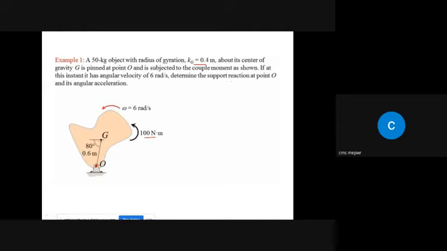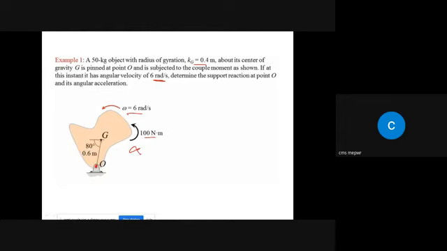If at this instant it has an angular velocity of 6 radian per second, which is given, determine the support reaction at point O and its angular acceleration. Angular acceleration means they are asking for alpha, and the support reaction at this point.